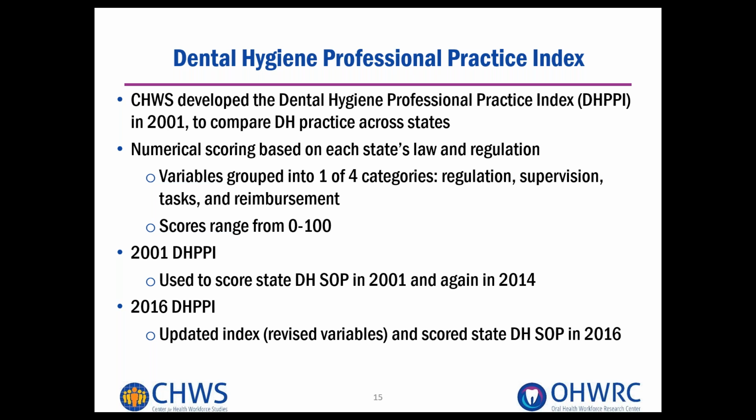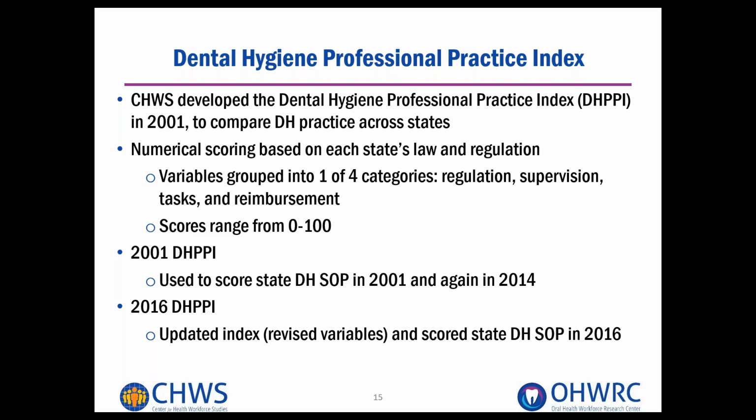So the way the index worked is that there were variables that were grouped into 4 categories: regulation, supervision, tasks, reimbursement. And on this index, a state could score anywhere from 0 to 100, depending on what the state did or didn't allow.